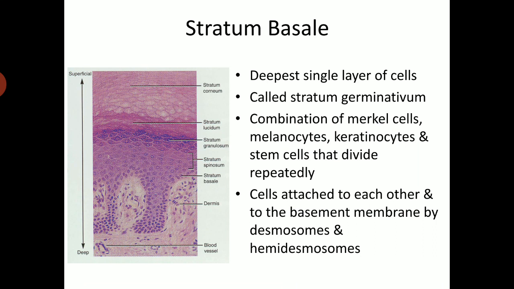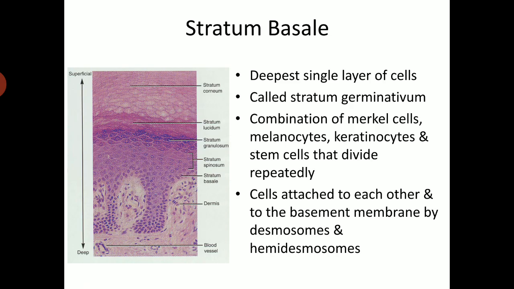The stratum basale is a single layer of cells primarily made up of basal cells. A basal cell is a cuboidal shaped stem cell that is a precursor of keratinocytes of the epidermis. Now, most of this stratum basale is made up of keratinocytes.